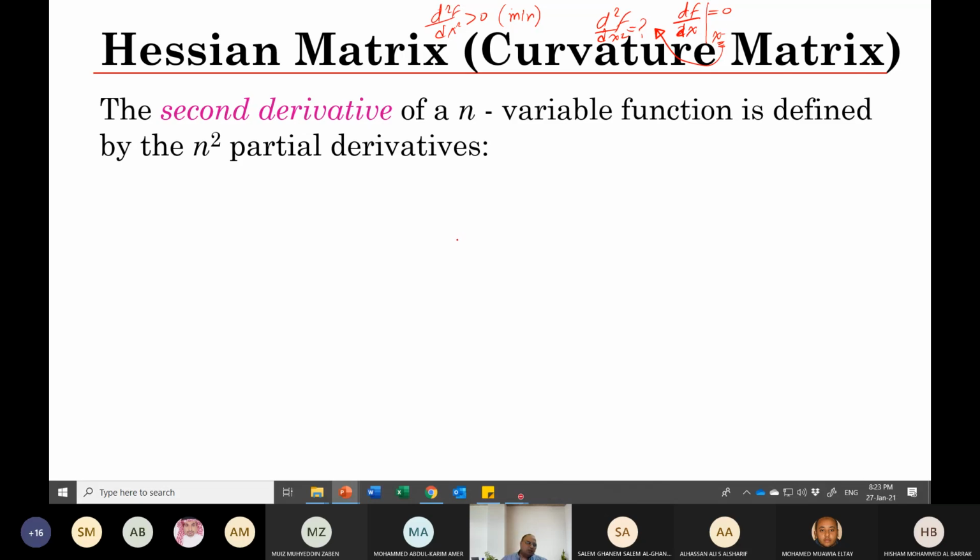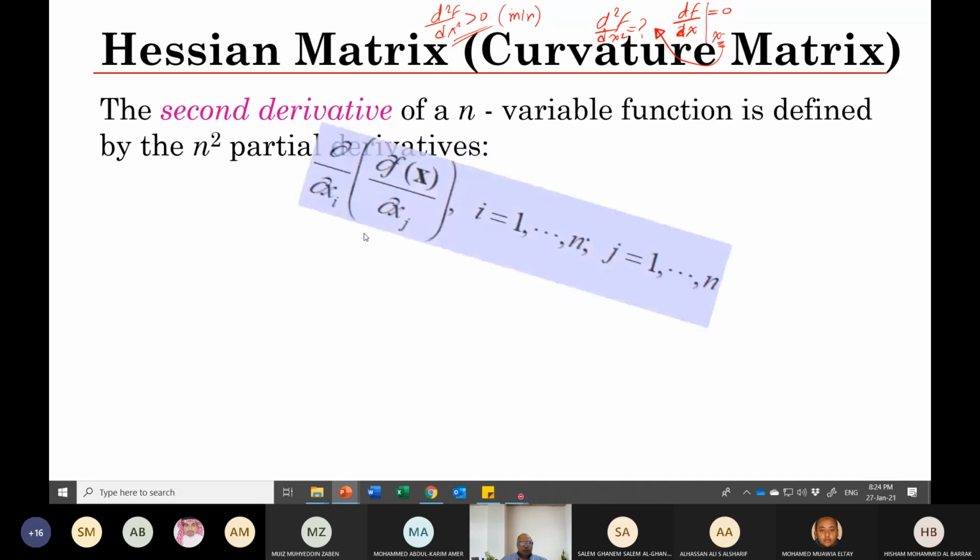But since this is a matrix, instead of having d square f by dx square greater than 0, we can look at the eigenvalues of the Hessian matrix. If the eigenvalues are positive, this is the minimum value. If the eigenvalues are negative, this is the maximum value. If the eigenvalue is 0, this is a flat point or a stationary point.